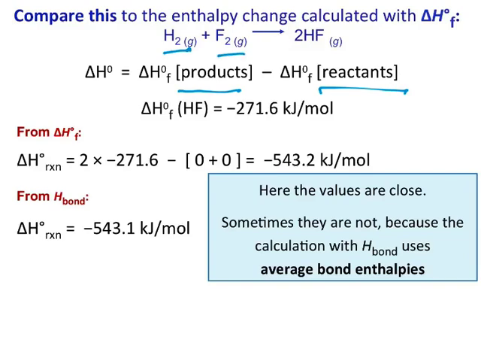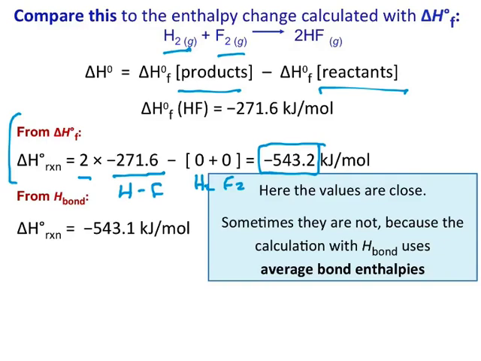The same is true with F2 gas. So we have the enthalpy of formation for HF, and then minus the enthalpy of formation for H2, which is 0, and F2, which is 0. So ultimately, this gives us 543.2 kilojoules per mole from HF. And then if we compare that to the bond enthalpy version, these are really close together.